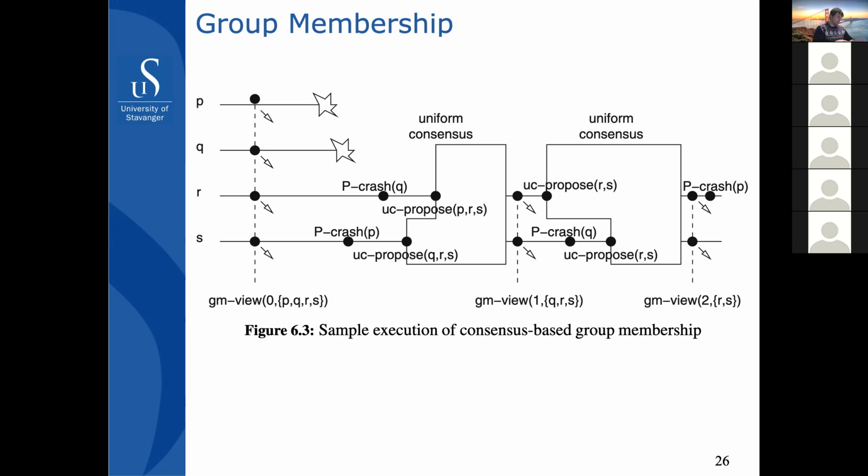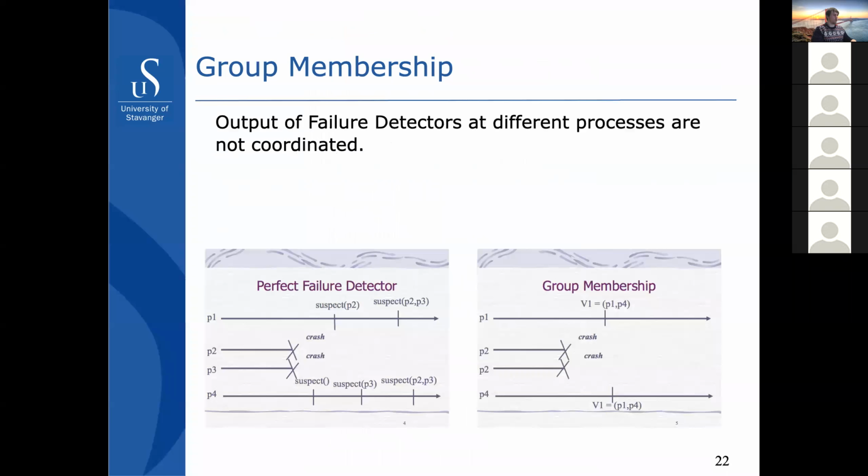Yes, so if we go back to this sequence flow here, it's kind of showing the same thing as we saw here, that whenever there's a crash, eventually these two will detect the same thing and have the same view.